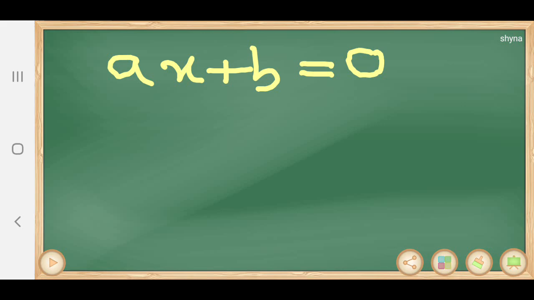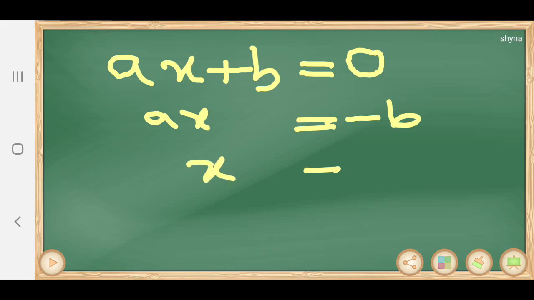Here ax plus b equal to 0, then we have to find the value of x. So ax equal to minus b, transposing plus b. So what is x? Minus b by a. For a linear polynomial, there is one and only one zero, that is minus b by a.